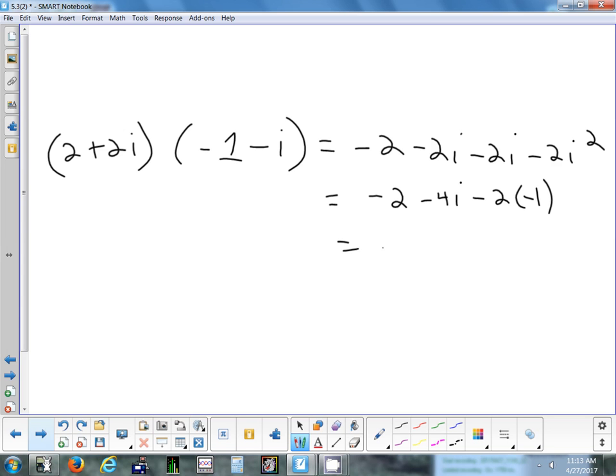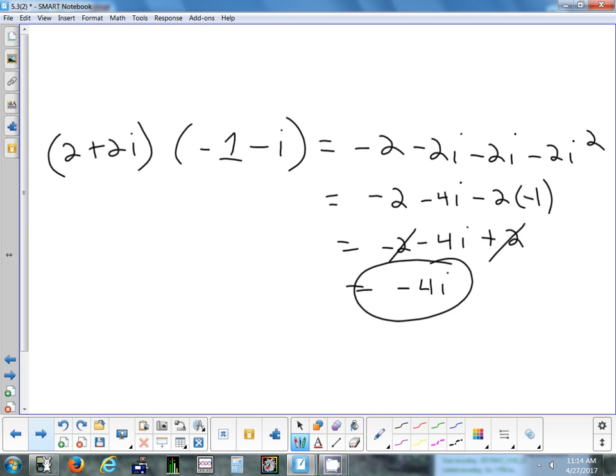And now I can do that out. So I get negative 2 times negative 1 is positive 2. So actually in this one, the real part cancels out. If you want to write it, you can put 0 minus 4i. Okay. So any questions on that?